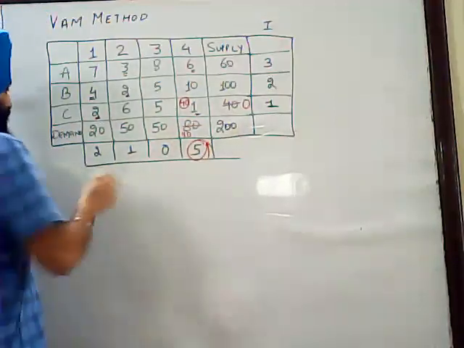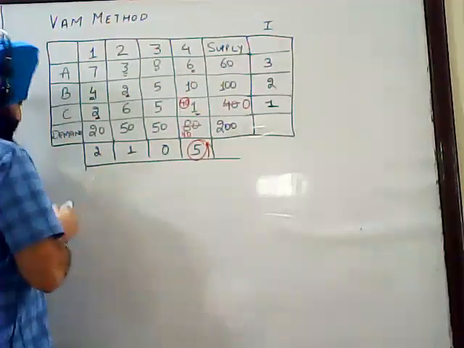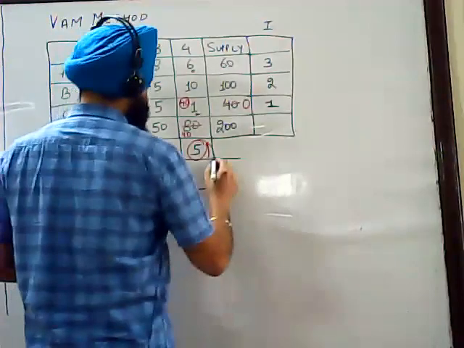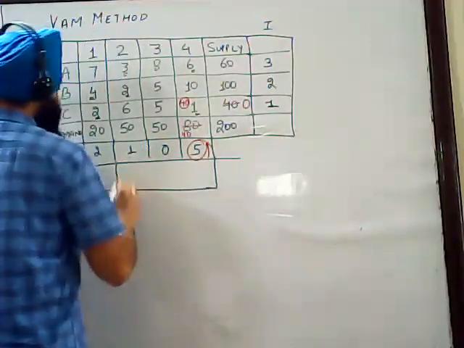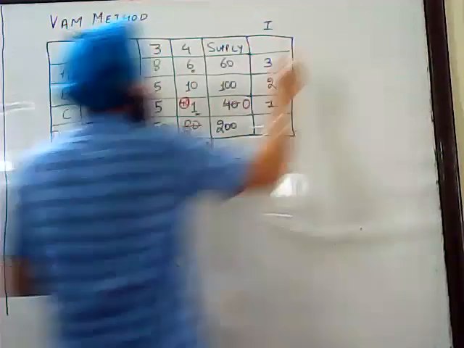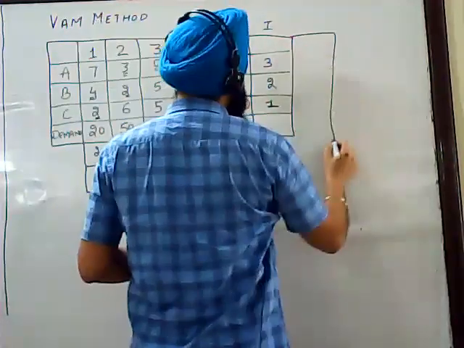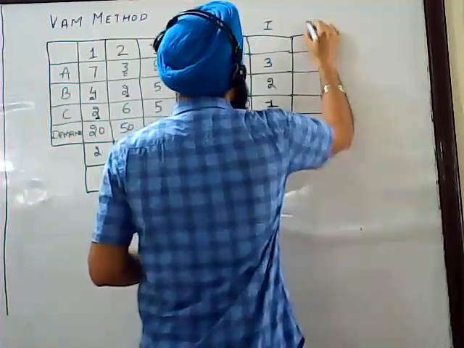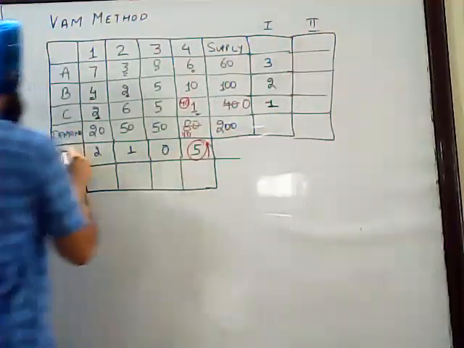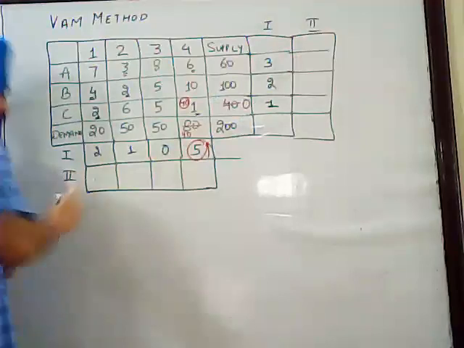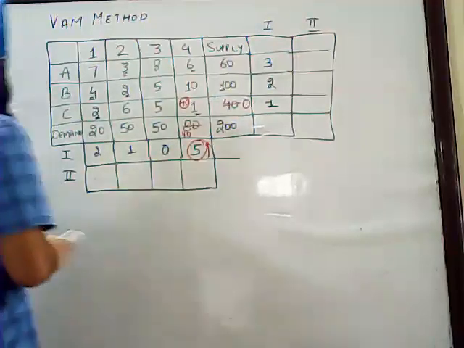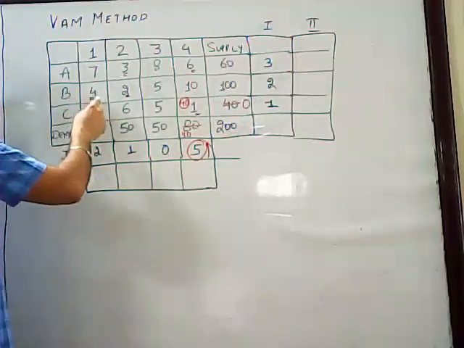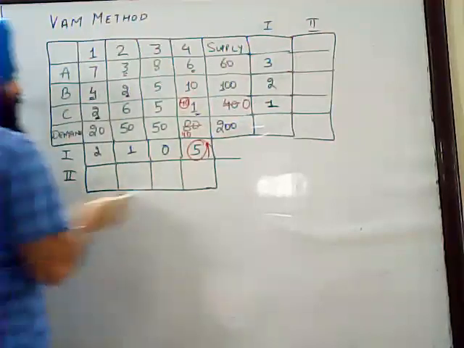Similarly, now again we have to find the minimum and the next minimum element from each row and column, and then find the penalties. Again, the minimum element is 2 and the next minimum element is 4. So 4 minus 2, the value will be 2.